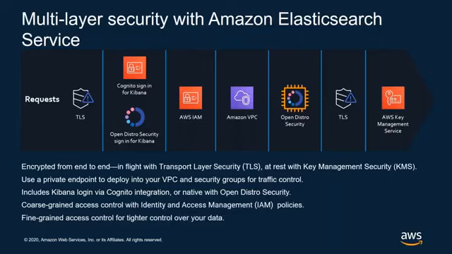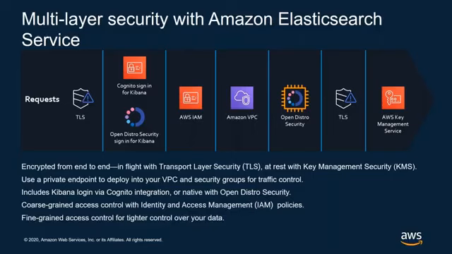If you're not programmatically accessing the service and you want to use Kibana to view some of the information in your search solutions, you can couple with Cognito to sign into Kibana. And you will also be able to use the Open Distro security features, which will give you the ability to provide roles on the cluster that can help you limit who gets access to what data.